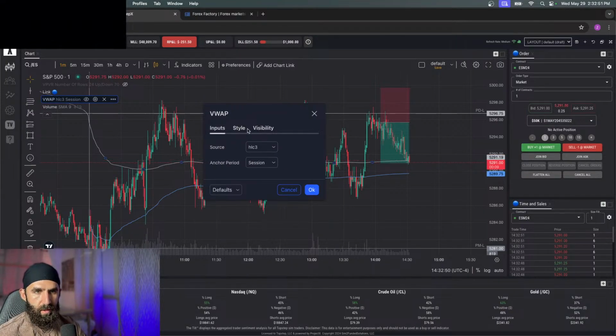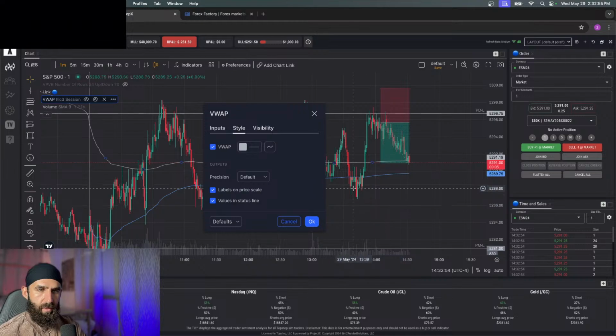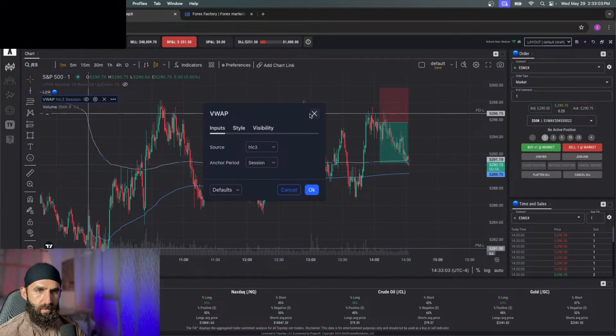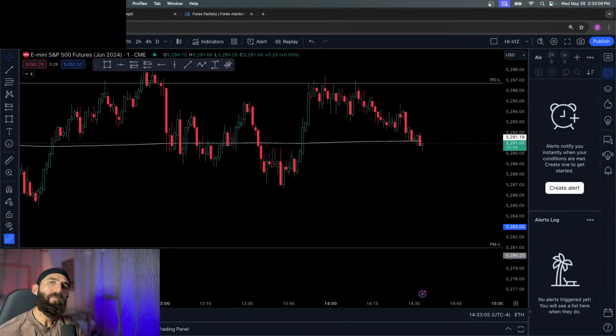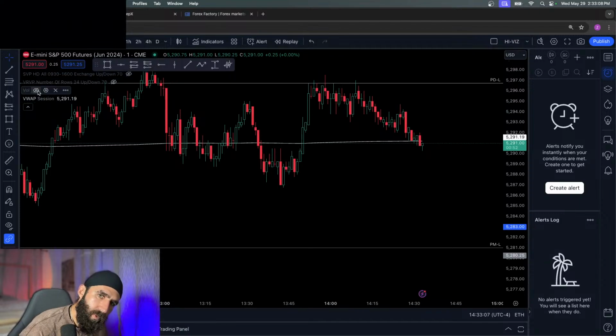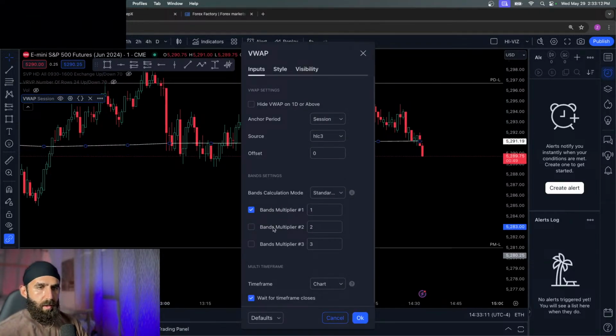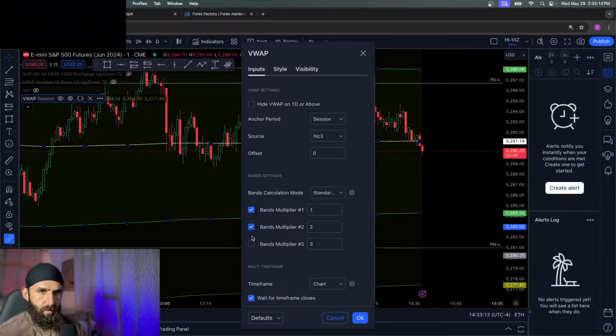I think on TradingView, sometimes when you throw it on, it's got like a standard deviation or like a Bollinger Band style deal. Something else that can be shown with it. Multiplier bands. There you go. These bad boys. Don't need any of that for me.